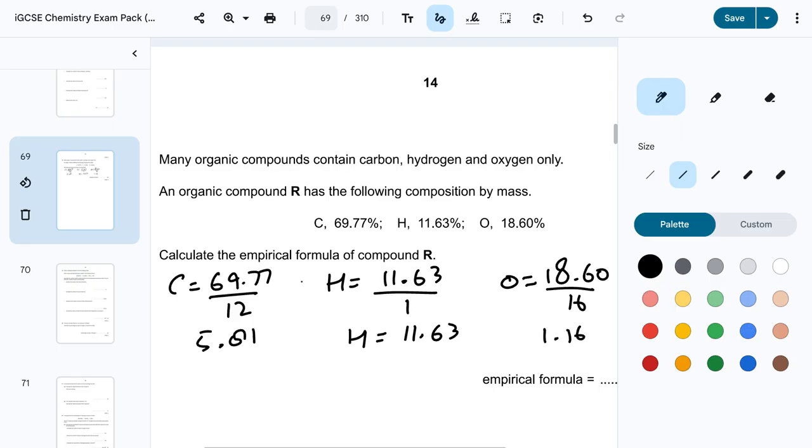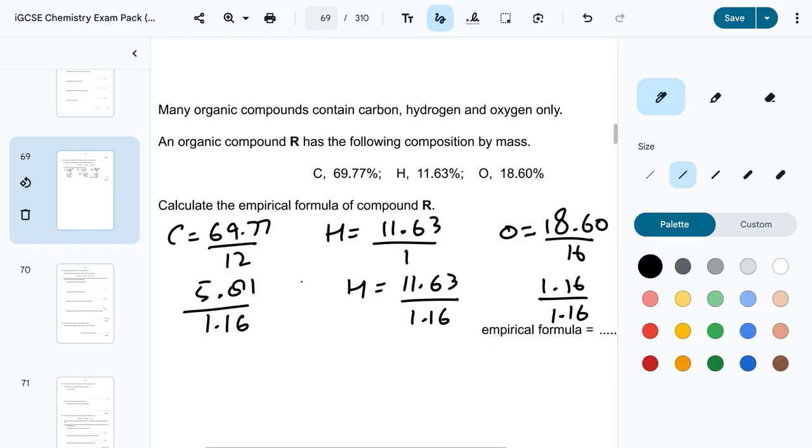Now just take the least mole ratio. Everything should be divided by 1.16. When you divide 5.81 by 1.16, it is equal to 5.